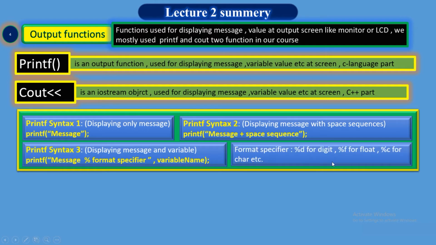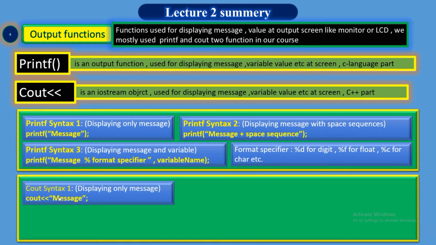Format specifier tells the compiler what kind of variable we are using. %d is used for digit or integer, %f is used for float, %c used for character, %s used for string, and other format specifiers.